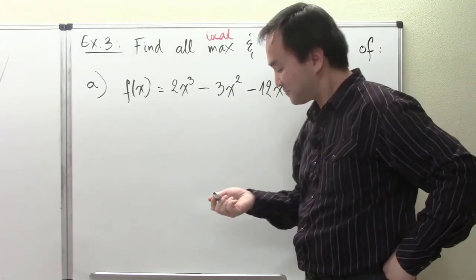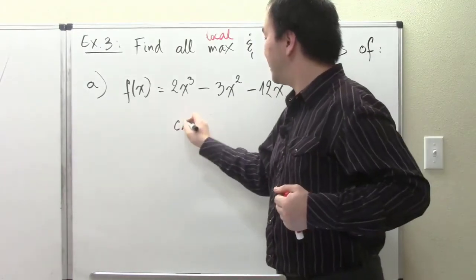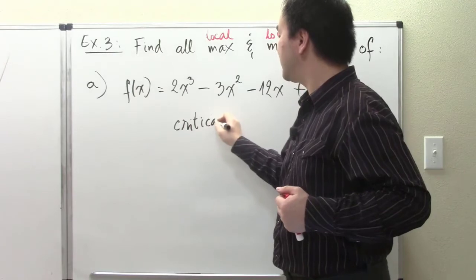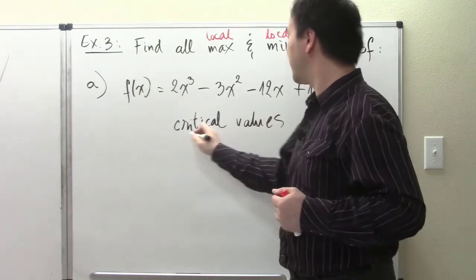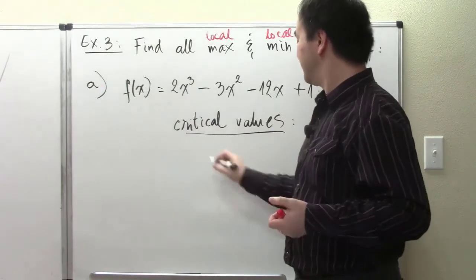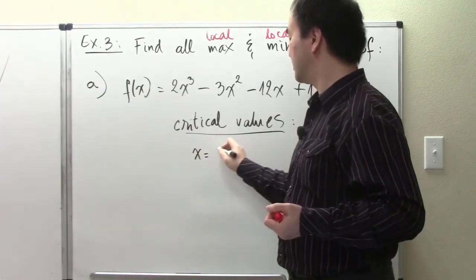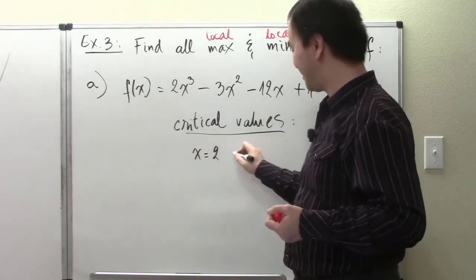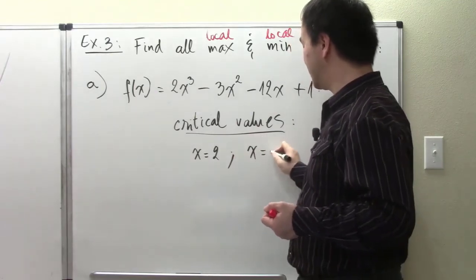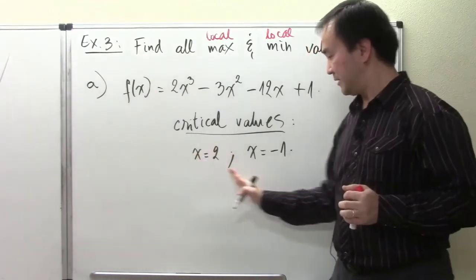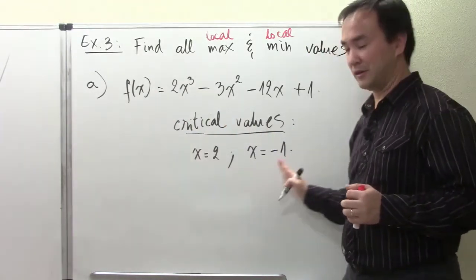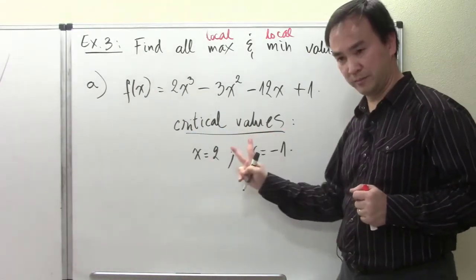Carrying over from the past example, the critical values for this particular function are x equals 2 and x equals -1. This is all we have for the critical values, and we got 2 of them.